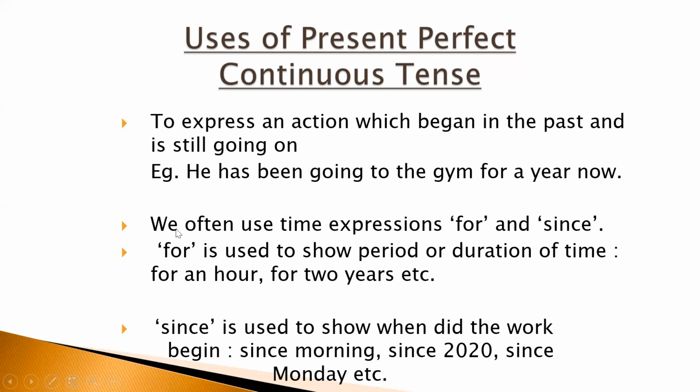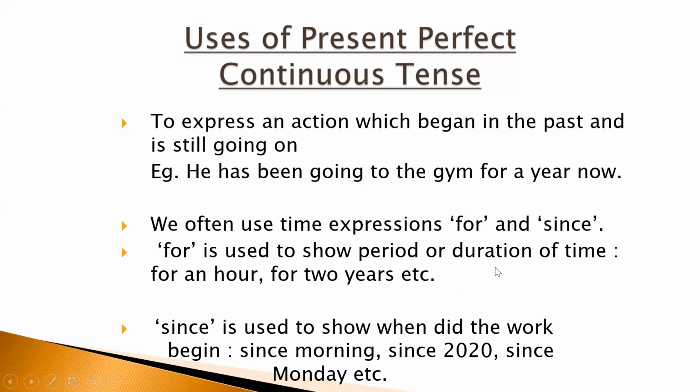Next, now let us understand where to use for or since. For is used to show period or duration of time. It shows the duration of time for how long the work is going on. Like for an hour or for 2 years means the work was going on for 2 years or for an hour. It does not show the beginning of the work, that when did the work start.